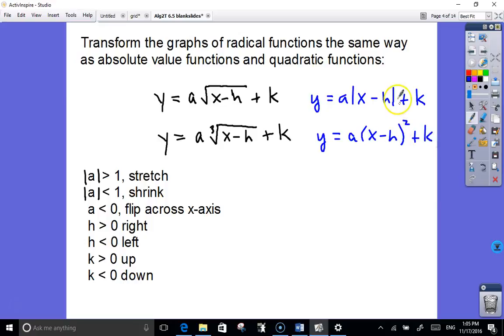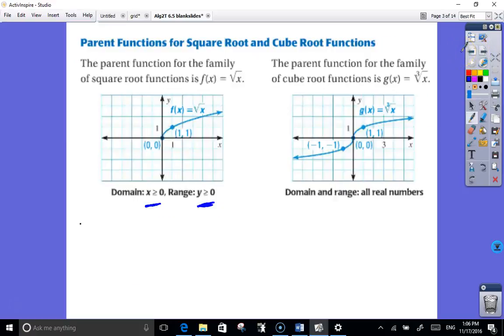For a quadratic or even an absolute value, what did the (h, k) represent? Yeah, it's the vertex of it, right? If you're talking about a square root function, that point right there is not a vertex. It's the beginning of the graph, but we wouldn't call it a vertex.